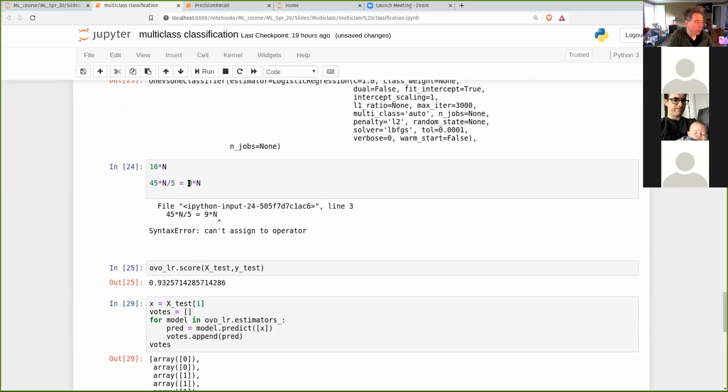Okay, so now we're going to go on to talk about cross-validation. I'm basing these notes on our textbook, Learning from Data.